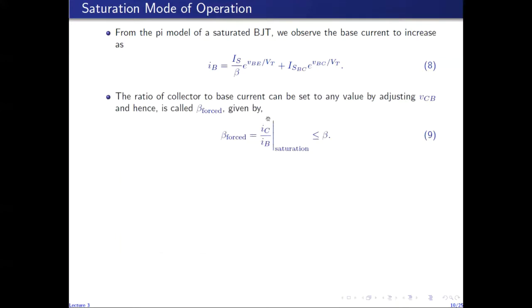And hence this ratio can be set to any value by adjusting the base-collector voltage, or the collector-base voltage, which is why this ratio is called the forced beta. And obviously, because IC decreases and IB increases in saturation, this ratio is less than the beta of the transistor, which was the ratio of the collector to base current in the forward active mode.